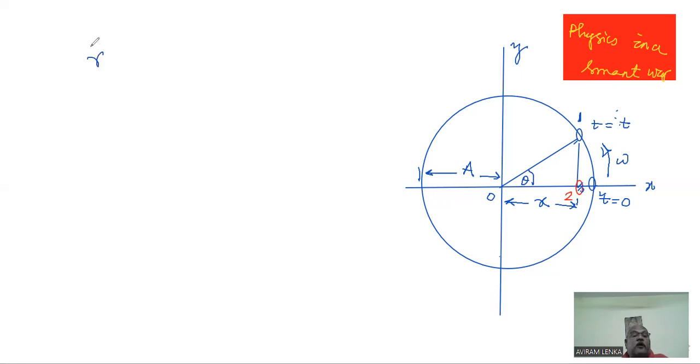The position vector r, or x-coordinate, as you can say, is equal to a sine, sorry, not sine, but cos, a cos omega t, we have learned in the last class. That was equation number one, where we know theta equal to omega t. That was a cos theta, basically, theta equal to omega t.